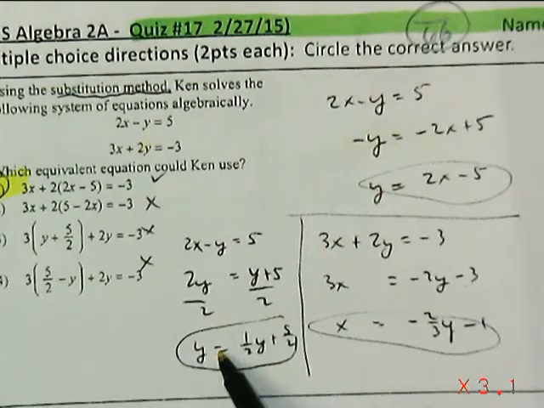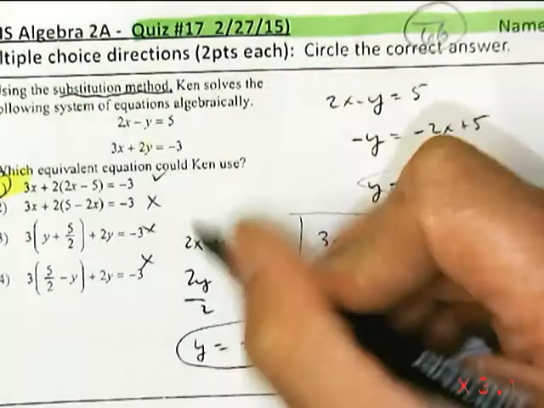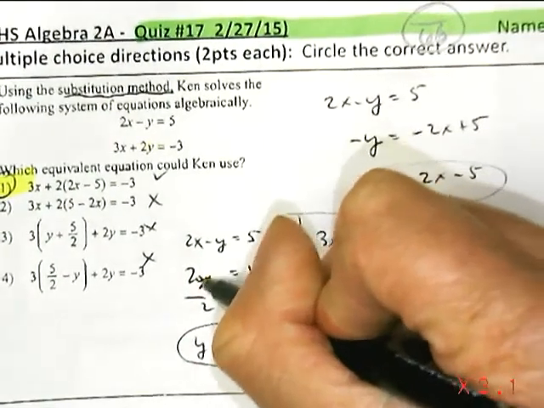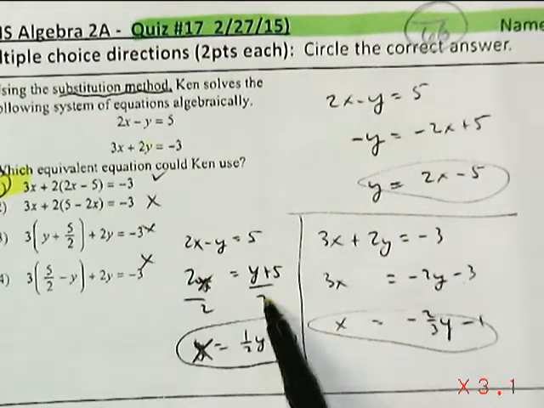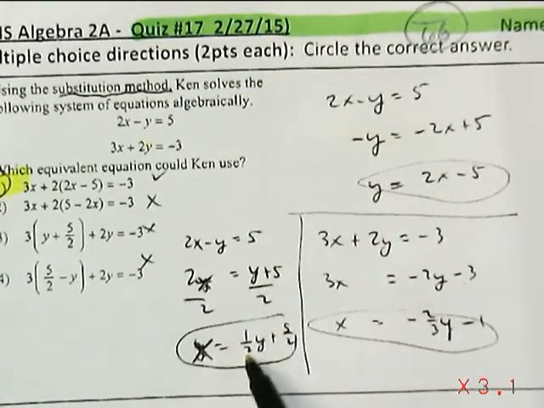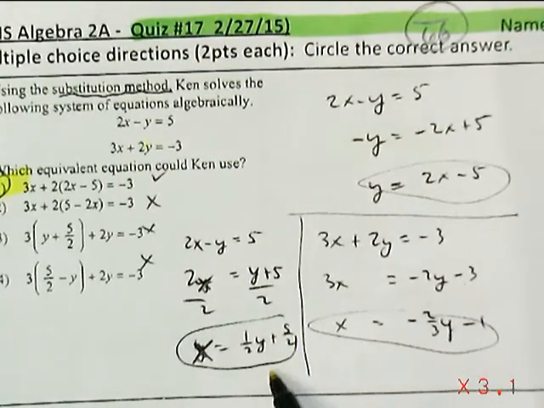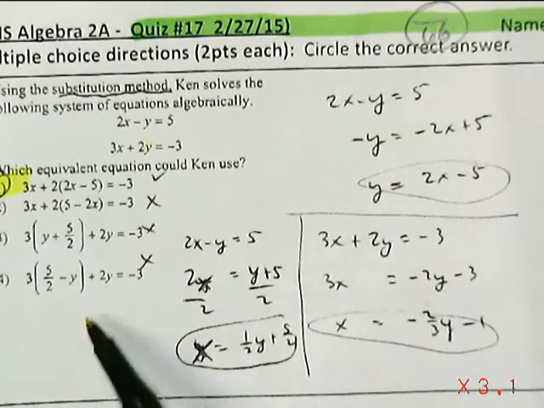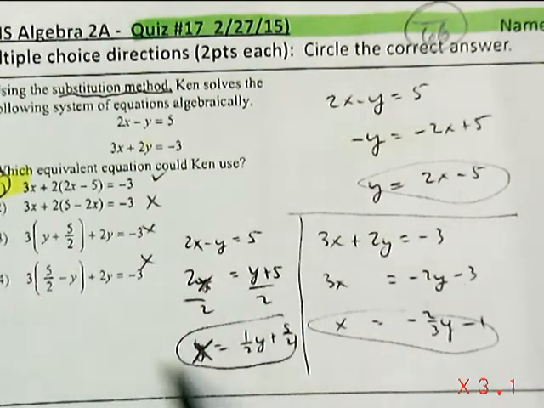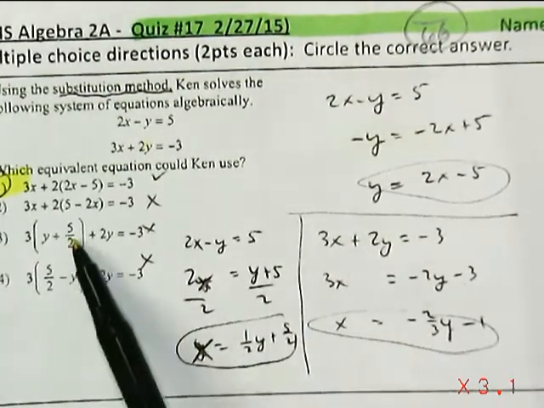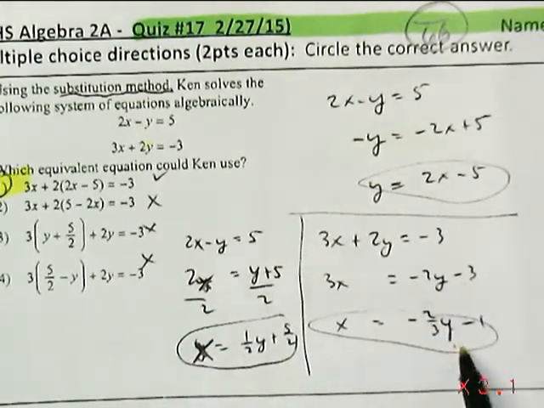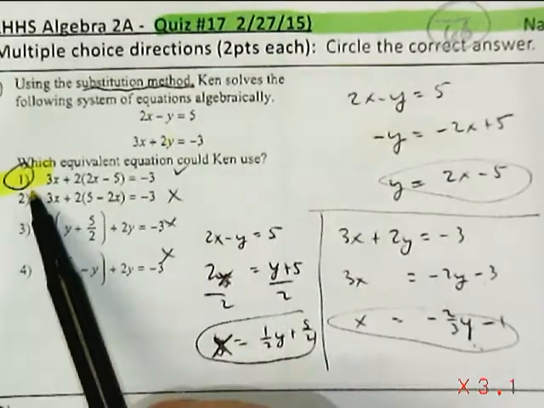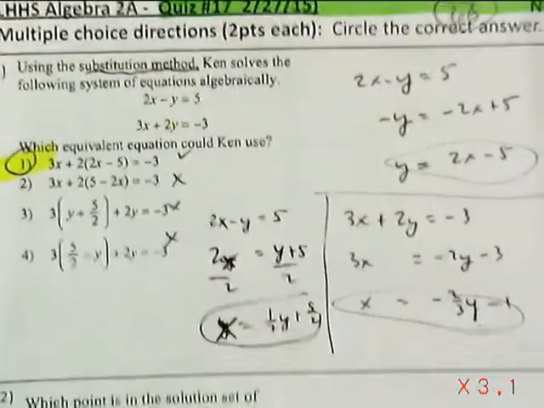If you solve for the x variable, this would have been divided by 2, then you would have gotten x equals 1/2 y plus 5/2. So I don't see that. There's 5/2, but not a positive there. Let's just say you took the second equation and solved it for x. I don't see that there either. So for question number 1, the answer is choice number 1.